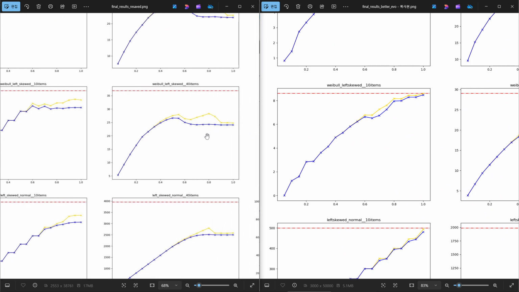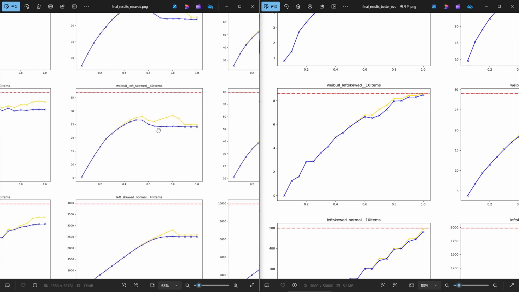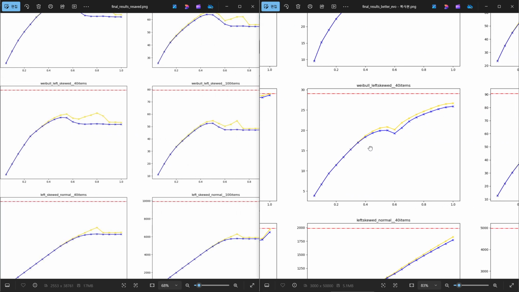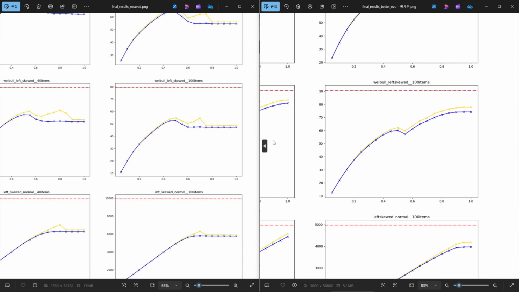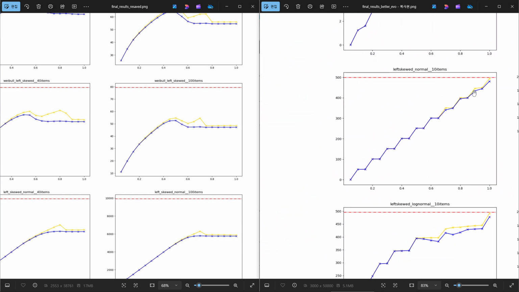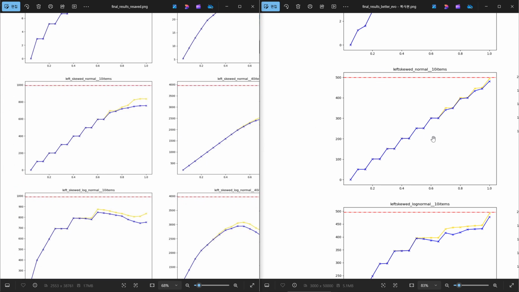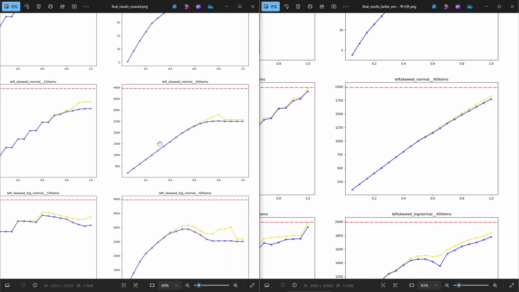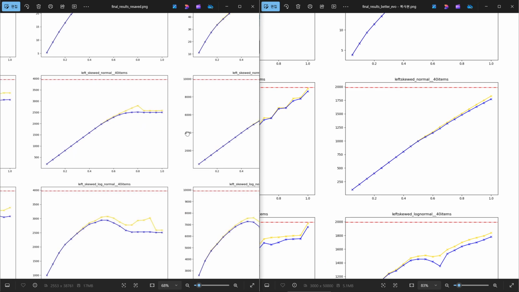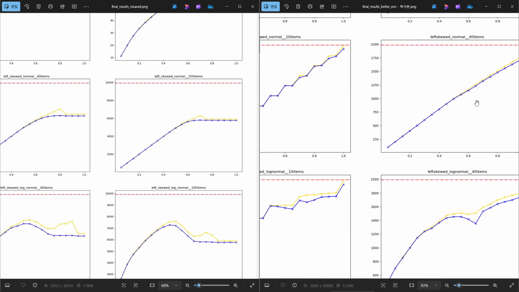I'm almost there. It's not easy going through 192 plots. Very tedious. I hope it's worth something. Left skewed normal. Yep.